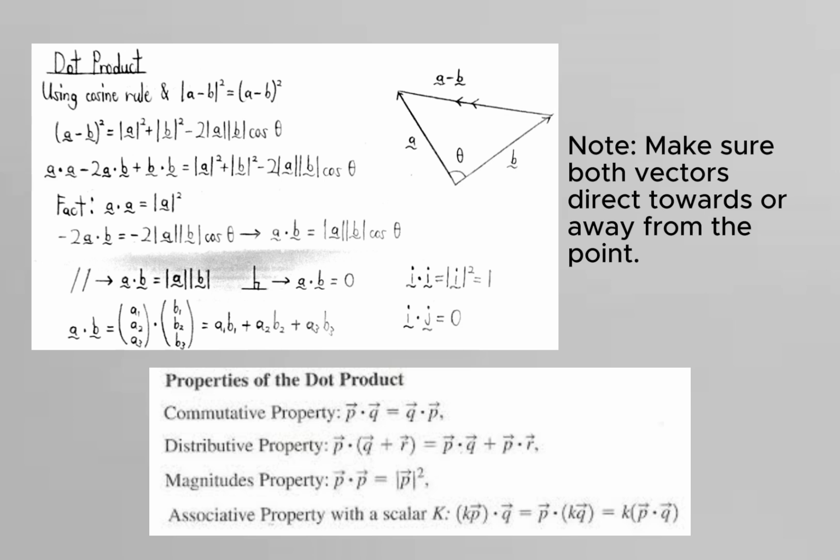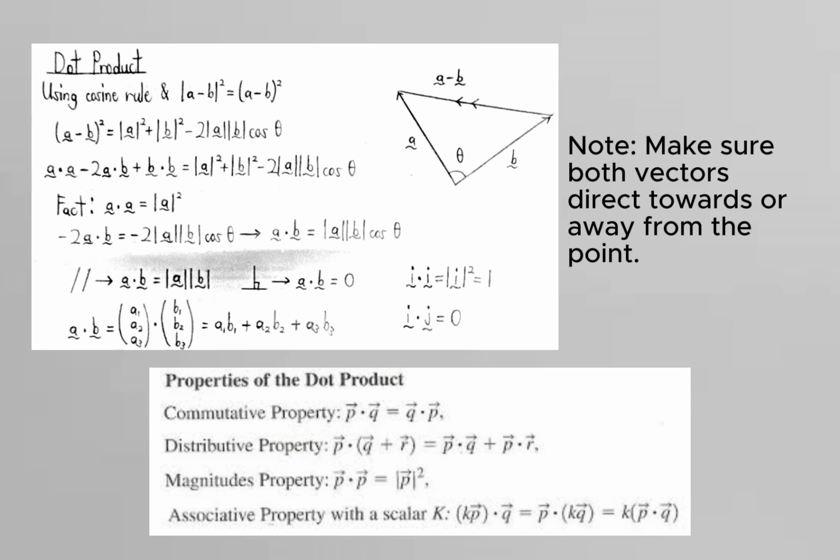And whatever you do, please make sure that both vectors are directed towards or away from the point. Then only can the dot product be used. If the two vectors are parallel to each other, you get the maximum magnitude product. If they are perpendicular, you get 0.